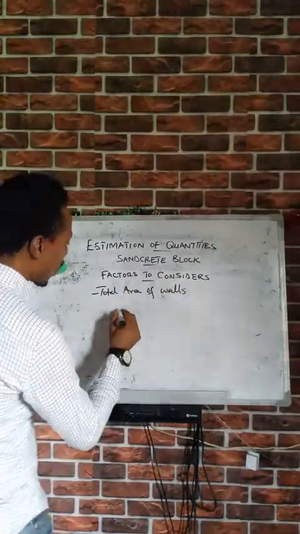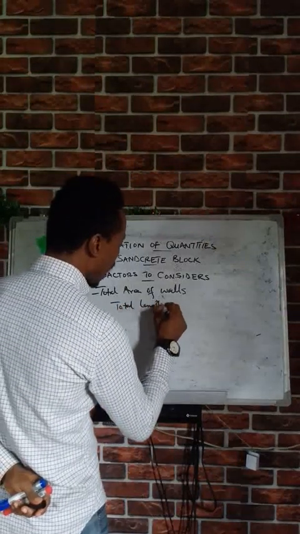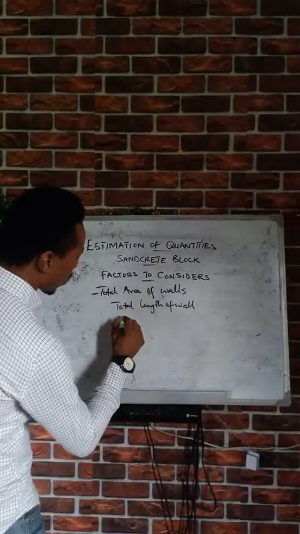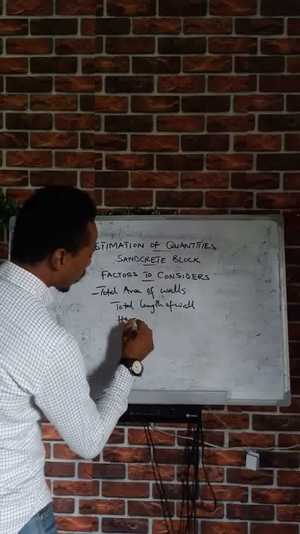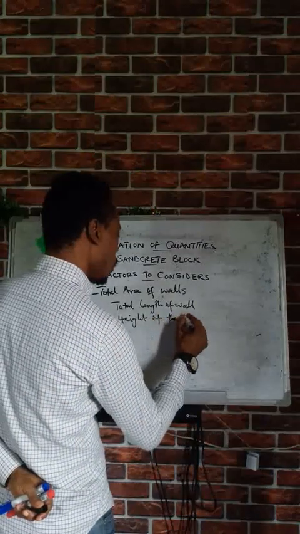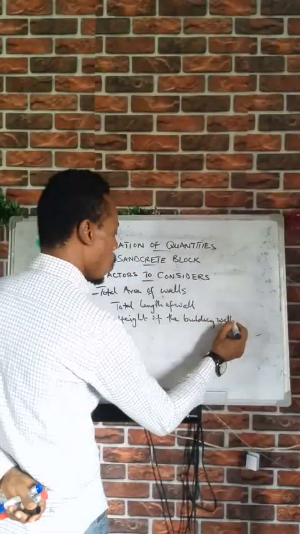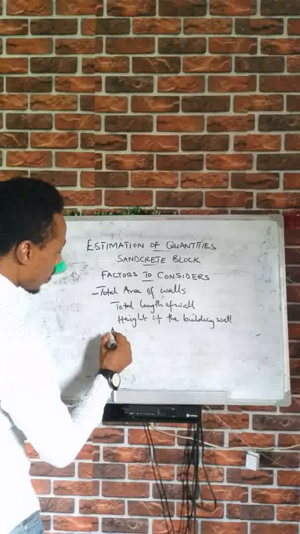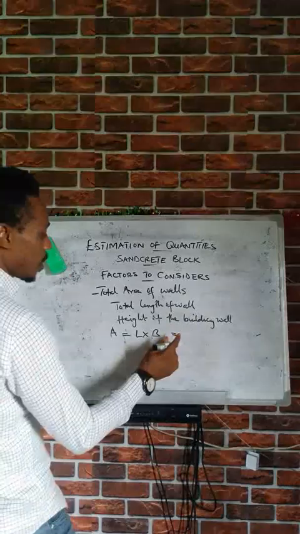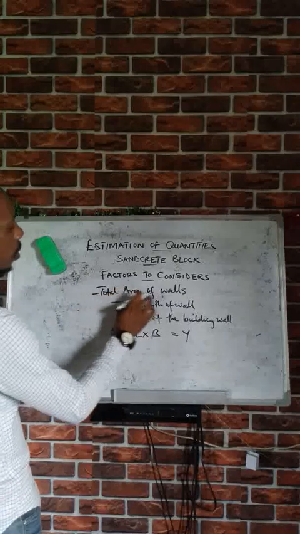The total area has to do with the total length of wall and the height of the building wall. So in this case, you have area equal to length times height. With this, you have gotten y as the area of your walls.